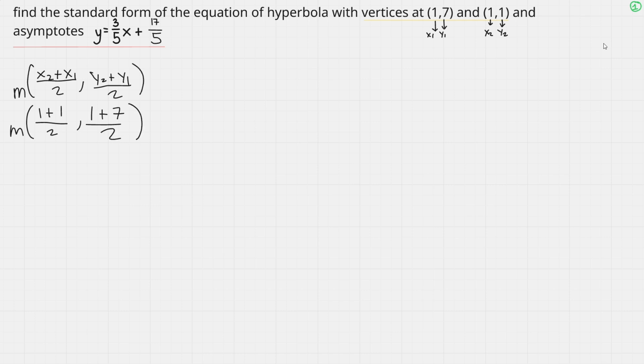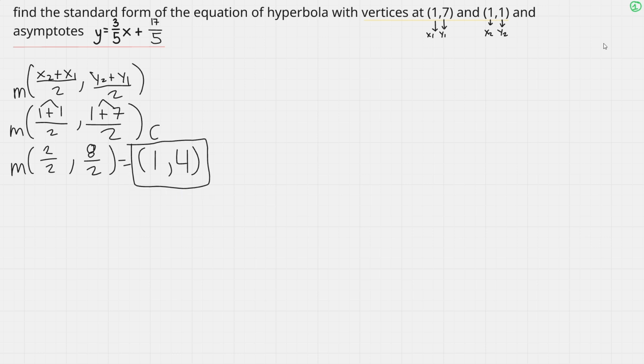Now, let's simplify. 1 plus 1 will give us 2, so 2 over 2. 1 plus 7 will give us 8, so 8 over 2. Let's simplify. 2 over 2 will give us 1. 8 over 2 will give us 4. So this will be our center.